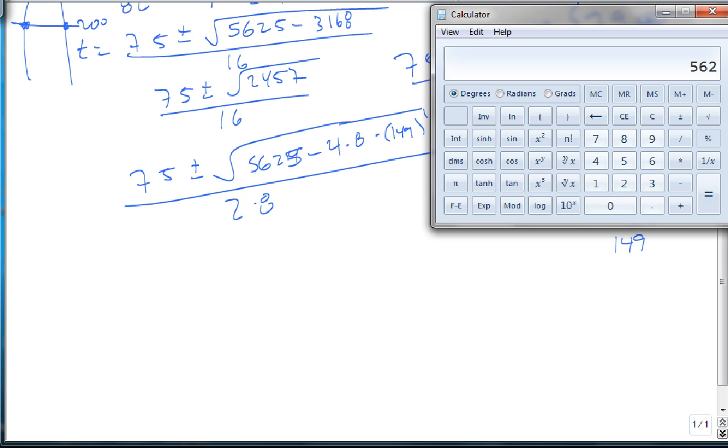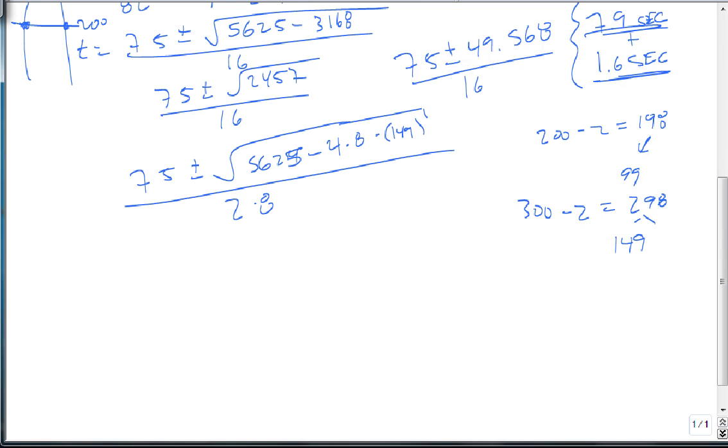Let's do 5625 minus 4 times 8 times 149, which gives 857. The square root of 857 is 29.274. So now we get 75 plus or minus this over 16. This was always going to go down here as a 16.